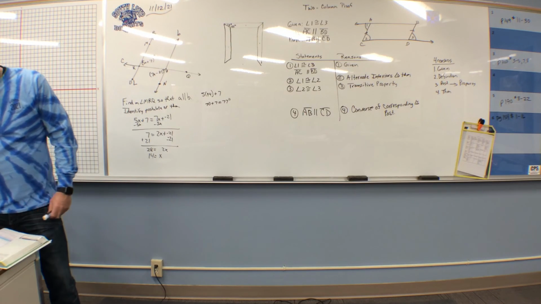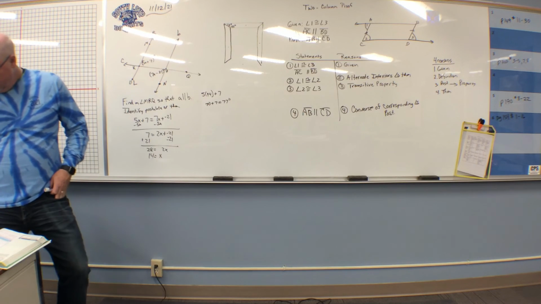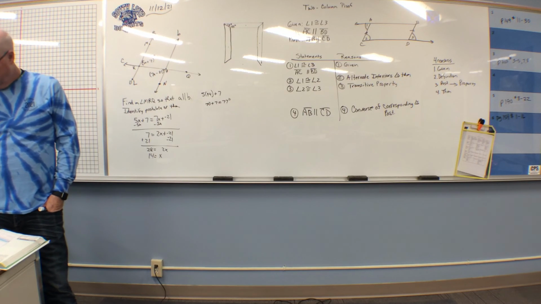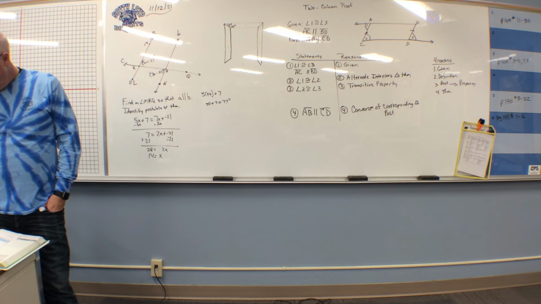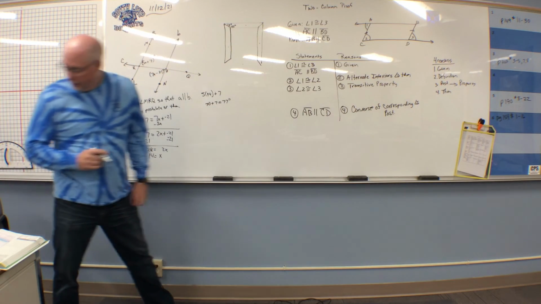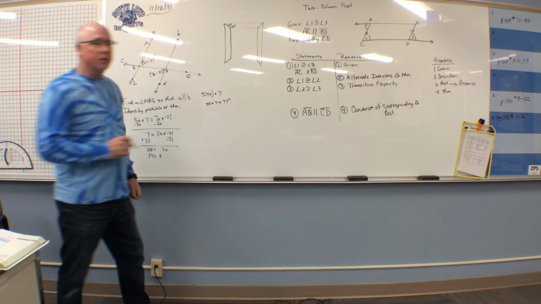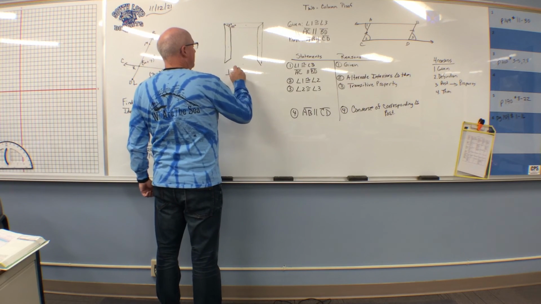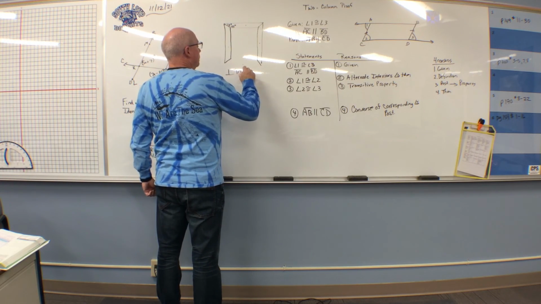Yes. I'm sorry, page 187, 2.23. Perpendicular transversal converse. In a plane, if two lines are perpendicular to the same line, then they are parallel. Okay, so I'm going to put that down. The perpendicular transversal converse.